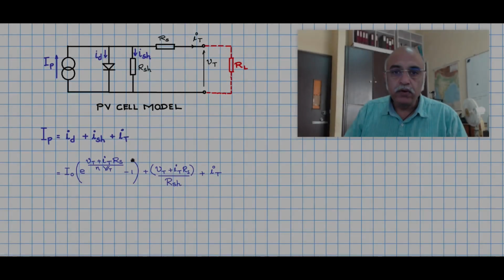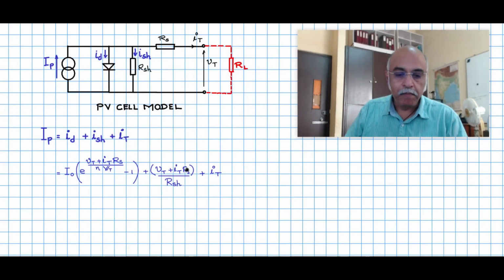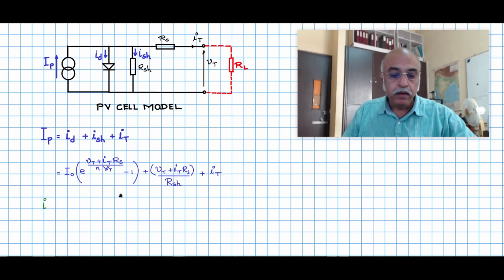So this is the equation that models this equivalent circuit. Let us now decode this equation further. Let us express the terminal current in terms of all the other parameters. So IT is equal to IP minus ID, and ID is I0, the reverse saturation current, times e to the power of (VT plus IT RS) by N VT, minus 1, minus (VT plus IT RS) divided by R shunt.